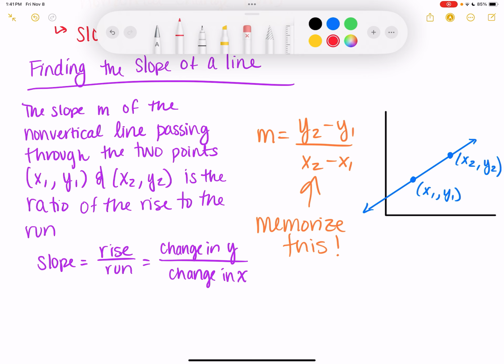So rise is going up like this. So this is rise, and this is y2 minus y1. So this is the top part of this fraction. Then this direction here is run, and this is x2 minus x1.